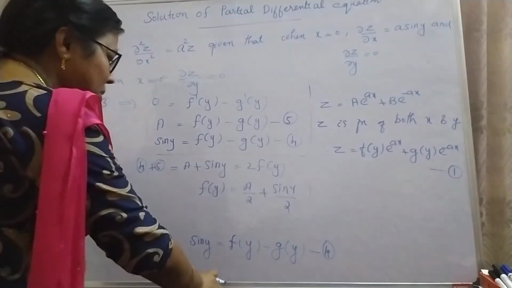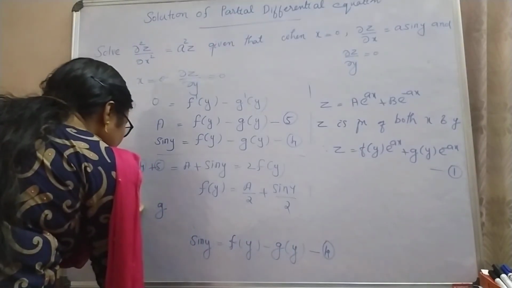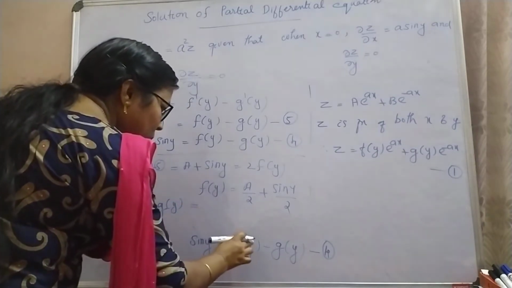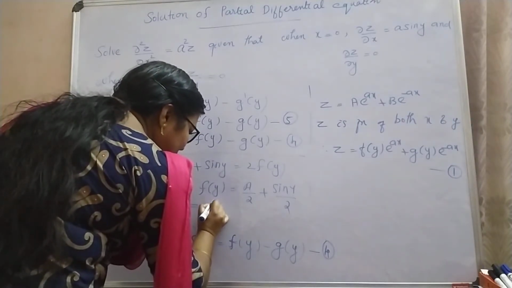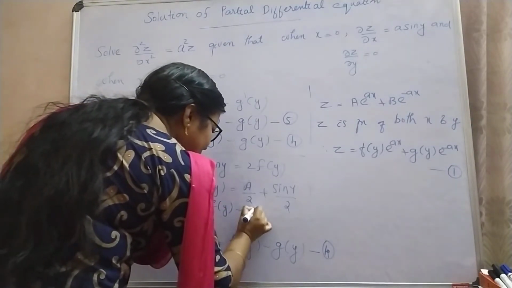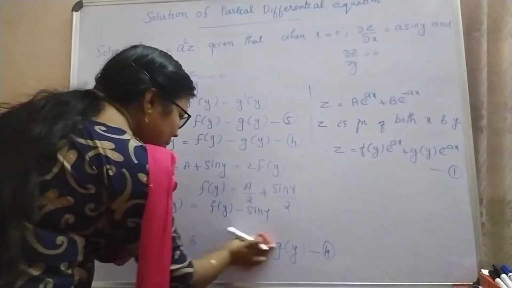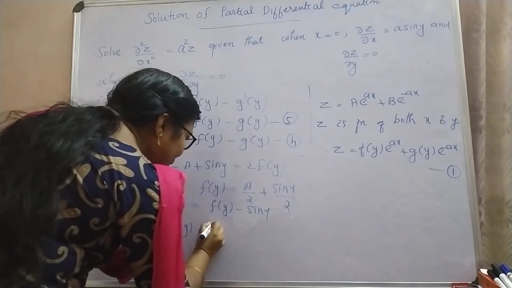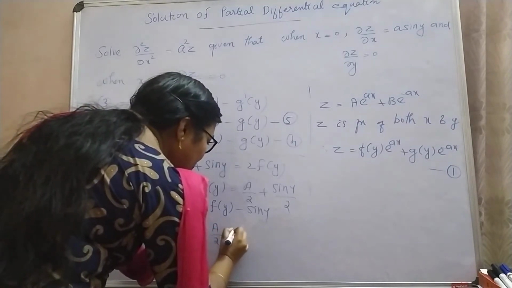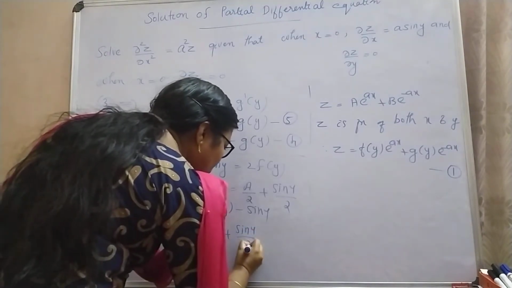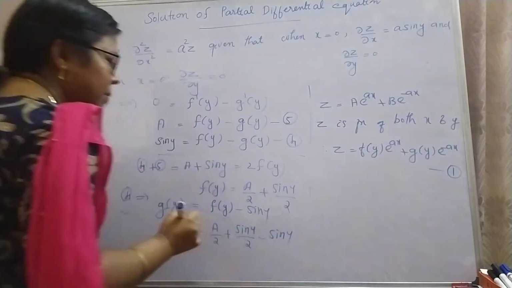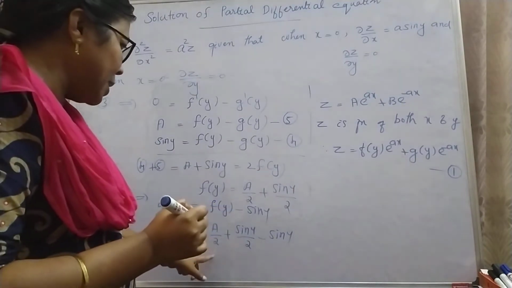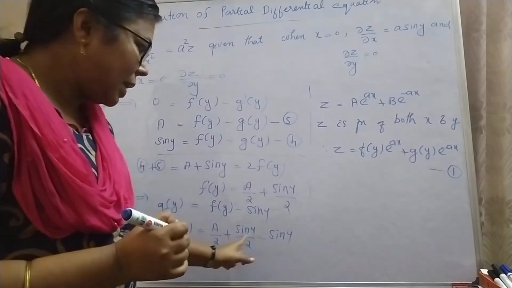Therefore, g(y) becomes, from 4, g(y) = f(y) − sin y.